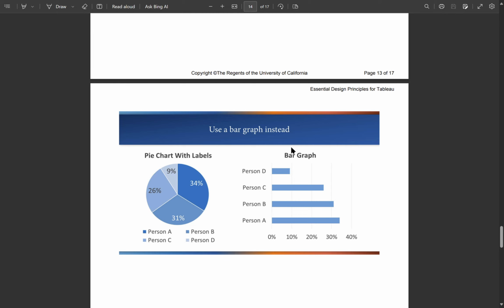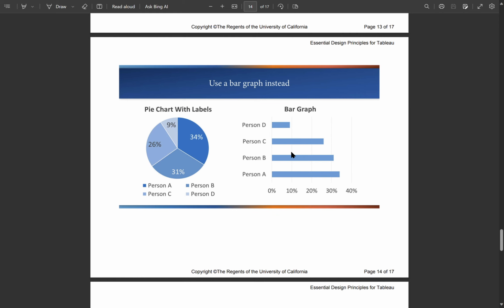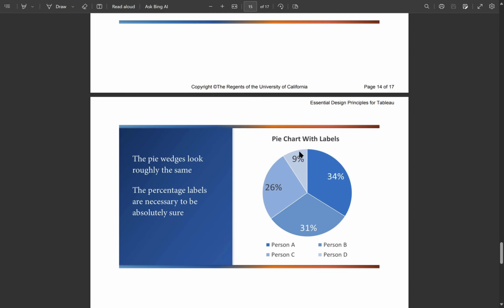Without having the numbers, we can see that person B and person A have different sizes of bar without a percentage sign. So it is easier to look at the graph and discern between the size of B and the size of A just by looking at the graph.